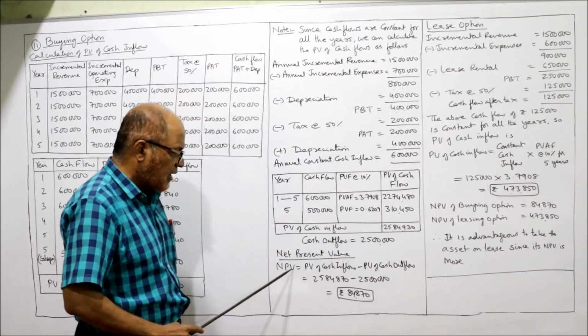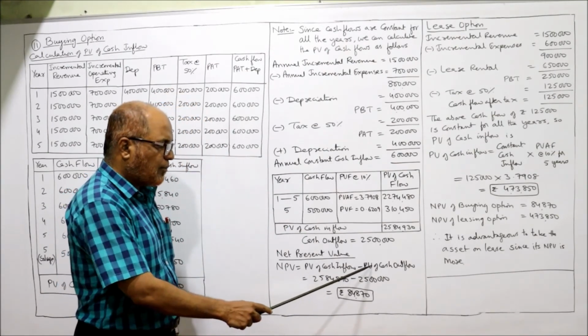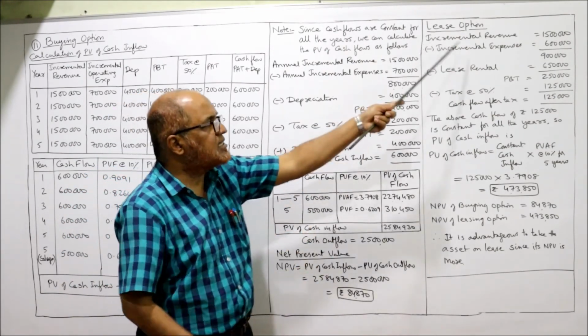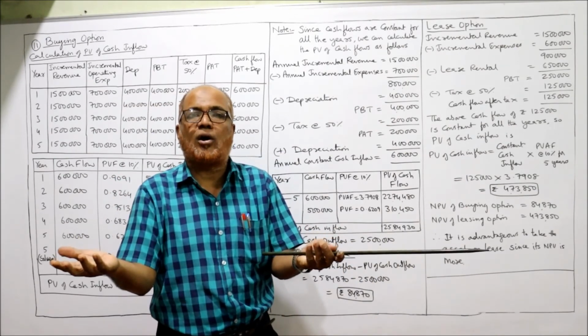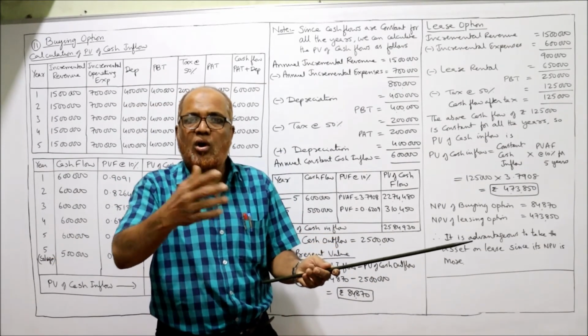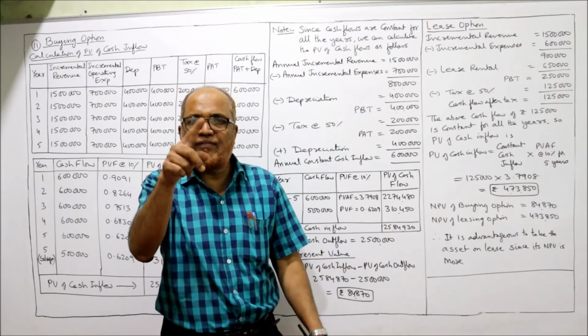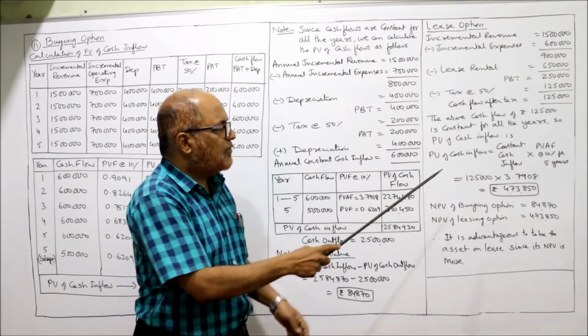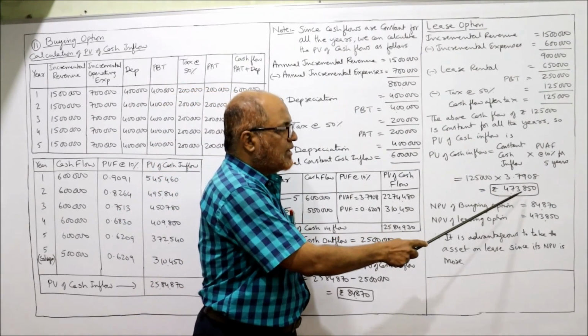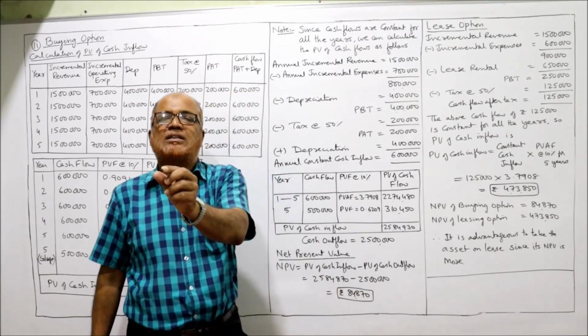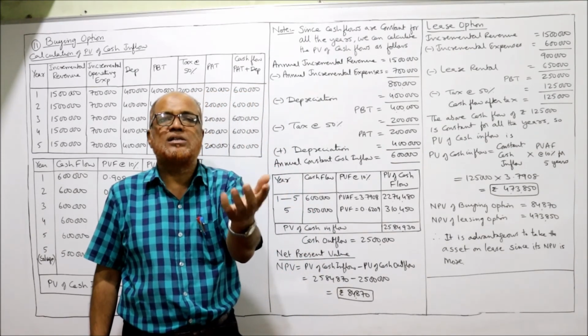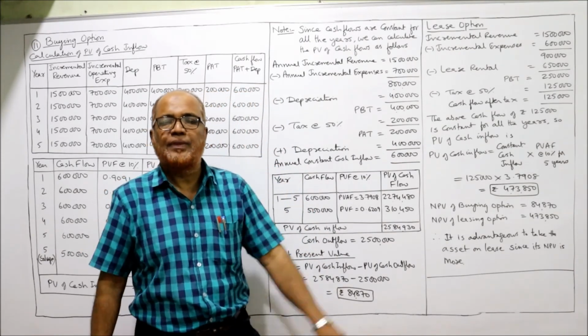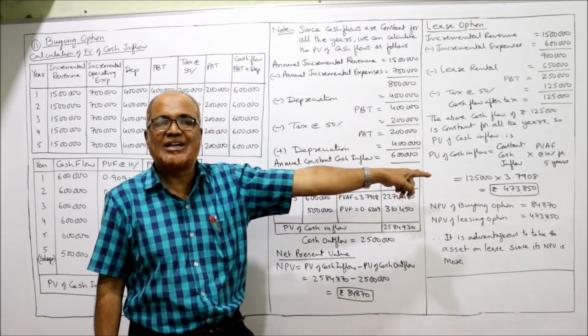In the leasing option, there is no outflow at all. There is no cost. So PV of cash outflow is 0. So how much is PV of cash inflow? 4,73,850. 4,73,850 minus 0 is equal to 4,73,850. That is the NPV of the leasing option.